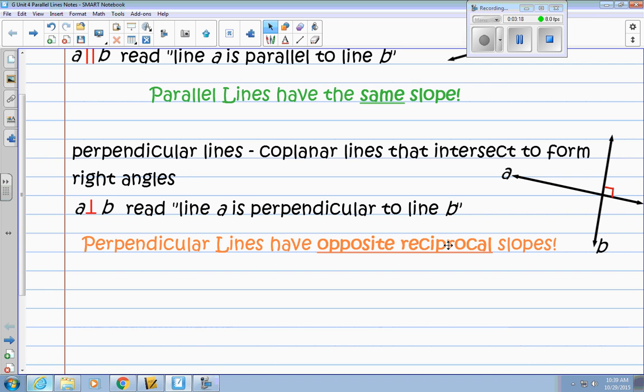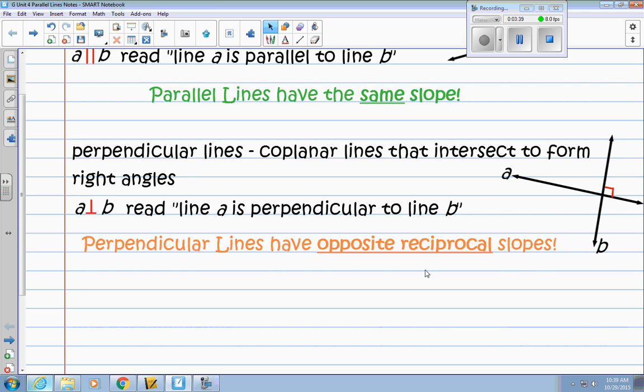So perpendicular lines have reciprocal slopes, but not only are they reciprocal, they also have opposite signs. So if one slope is positive, the other slope has to be negative. So perpendicular lines, their slopes have to meet two conditions. They have to have opposite signs and be reciprocals of one another.